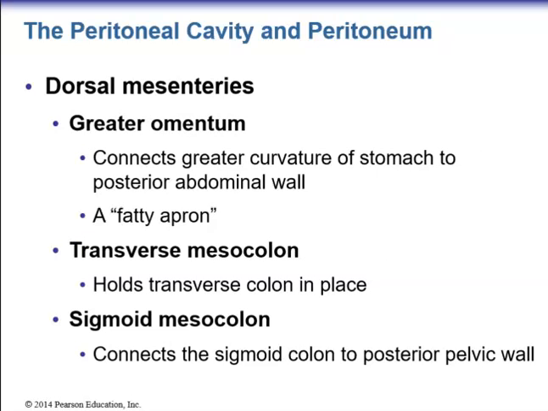Then we have dorsal mesenteries. The dorsal mesenteries will become the greater omentum. This is that fatty apron that you see when you open up the abdomen of a cadaver. The greater omentum connects the greater curvature of the stomach to the posterior abdominal wall. The transverse mesocolon holds the transverse colon in place. And then we have the sigmoid mesocolon. This connects the sigmoid colon to the posterior pelvic wall.